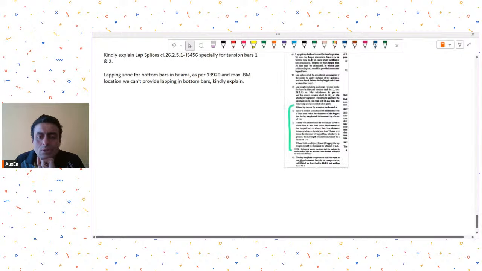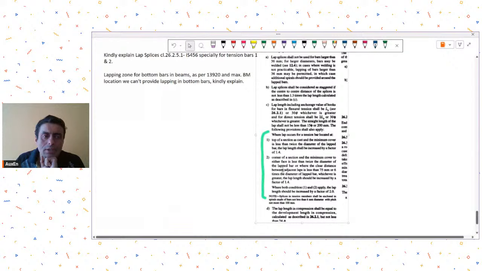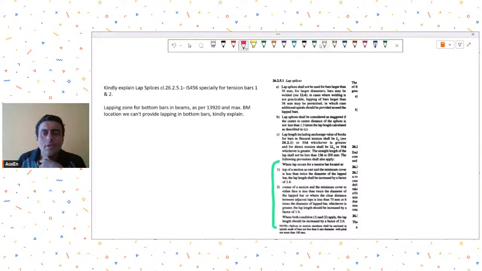So what is the code saying? Actually, he had asked this question earlier, but I could not read the codal provision. So let me see. Lap splices is the codal provision: lap splices shall not be used for bars larger than this. Lap splices shall be considered as staggered.